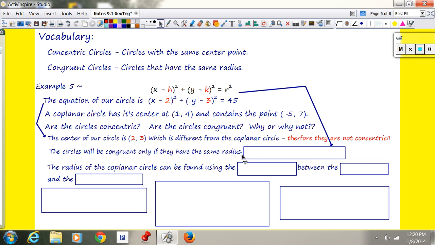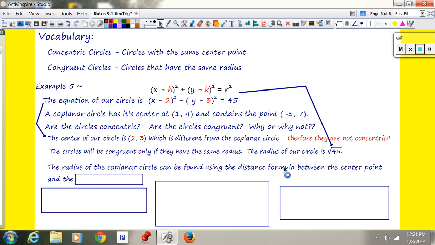The circles will be congruent only if they have the same radius. Well, the radius of our circle is radical 45 because this r squared would be our equation. So if you square rooted this, radical 45 would be our radius. The radius of the coplanar circle can be found using the distance formula between the center and the edge point. So between the center point and the point on the circle.